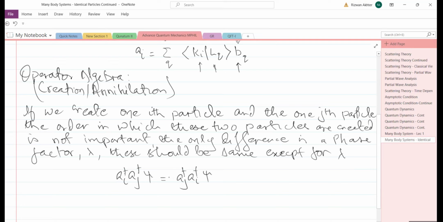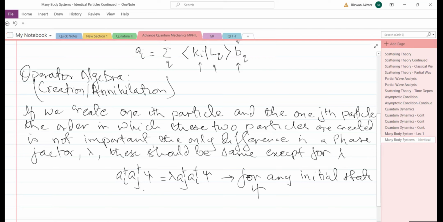So they are equal. The only difference is some factor which comes as a prefix, which is in fact your phase factor. This is true for any initial state psi. So you start with creation of those two particles, first creating the jth particle and then the ith particle, or you create first the ith particle and then the jth particle.